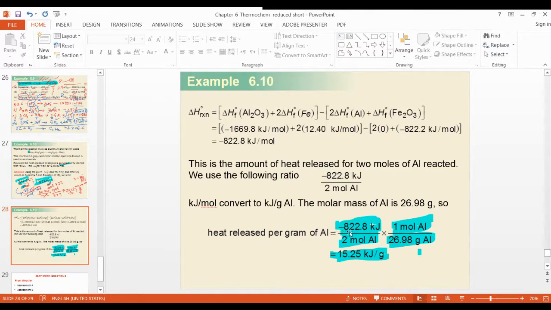So you will get the value per mole, and per mole change to gram, and this gram divided by the molar mass of aluminium, you will get 15.25 kilojoules per gram. If the question asks in gram, then you change this. If not, just put it in moles only. Per mole you calculate it because aluminium is 2 moles in the chemical equation, so divide by 2. If there is only a single mole, no need to divide by 2, you already get the same answer.